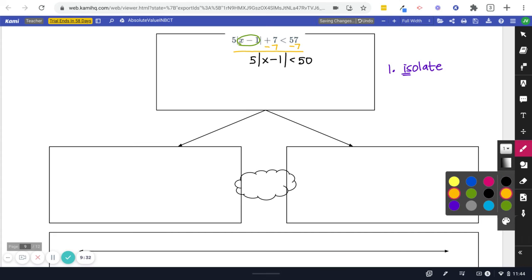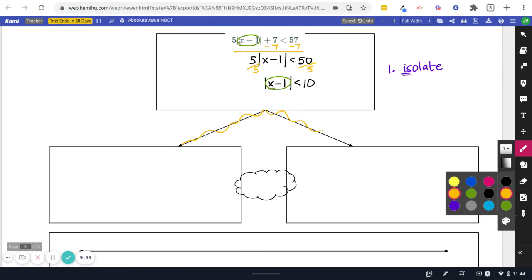Clear out the 5. There it is. Okay. Now that absolute value, I want to be alone, it's isolated. So now we're ready to unlock it.